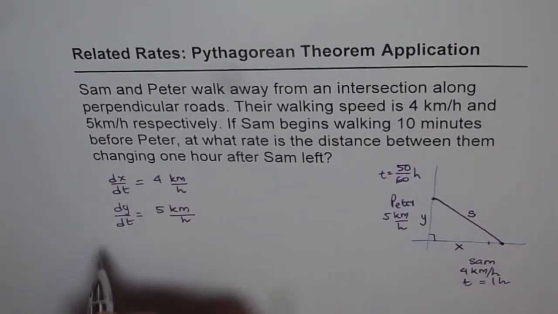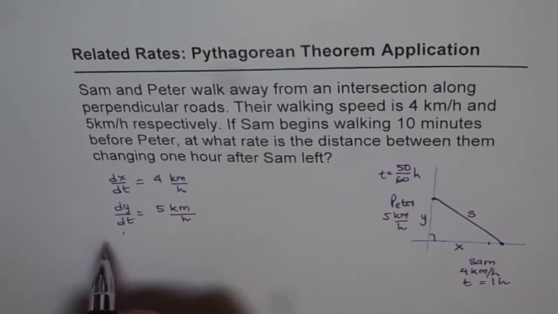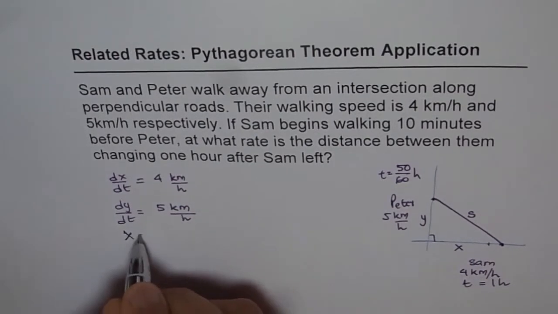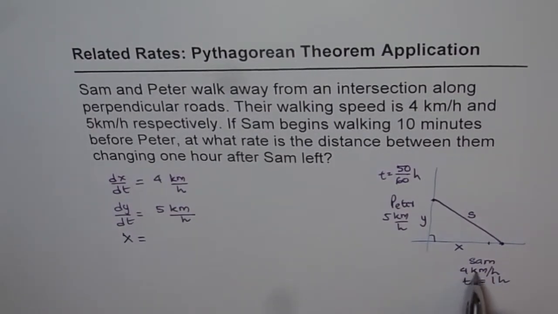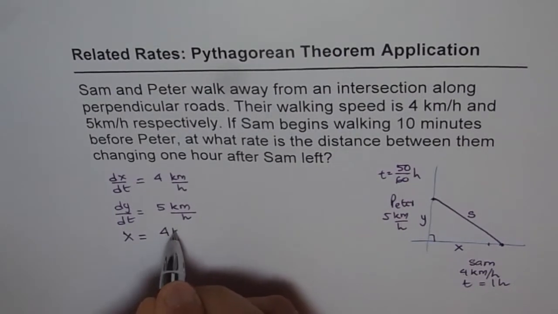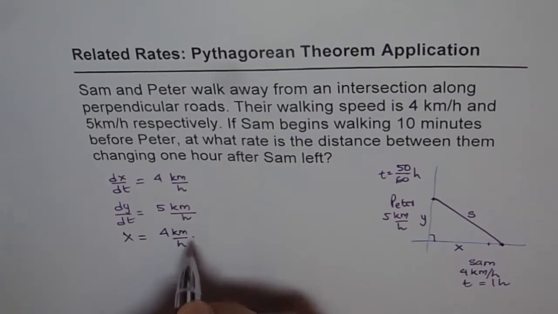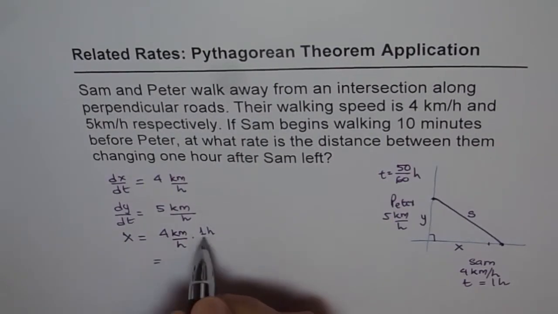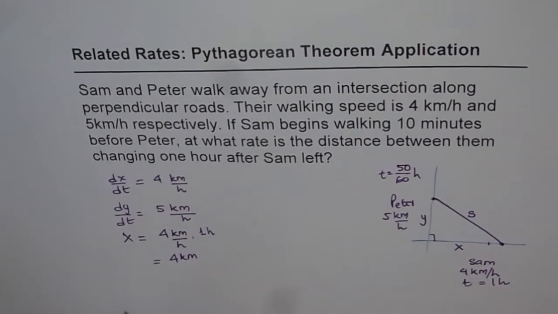So when it is after an hour, Sam has actually walked for an hour. So the distance Sam covers, that will be x for us, will be 4 kilometers per hour times 1 hour, right? So the hour cancels, and we get 4 kilometers. Do you see the units?